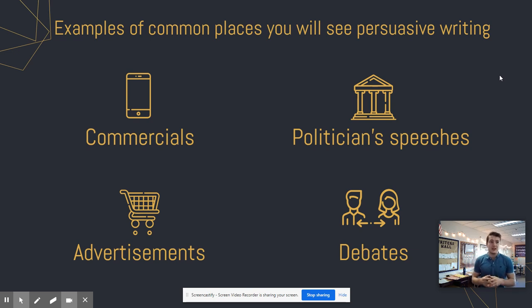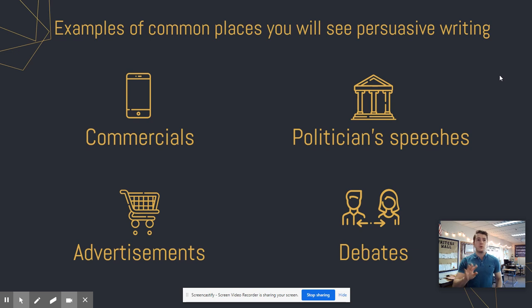So whoever is writing the script to a commercial or writing an advertisement, their goal, their mission is to persuade you to buy something. A politician's speech is usually going to be to convince you to vote for a certain person. And if you're a debater in a debate, you're trying to convince the audience or the other person of whatever it is you're debating about.